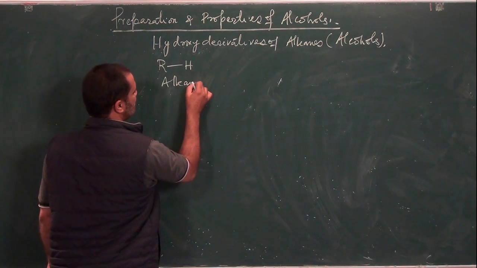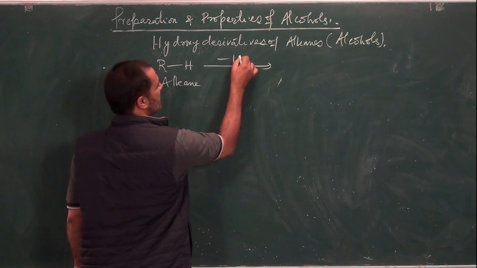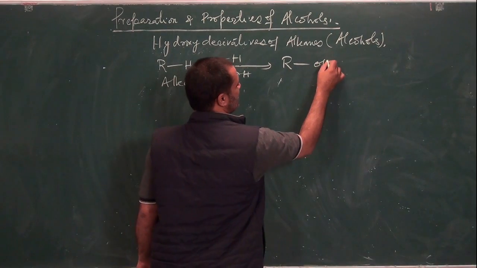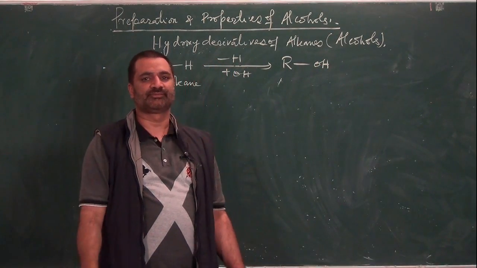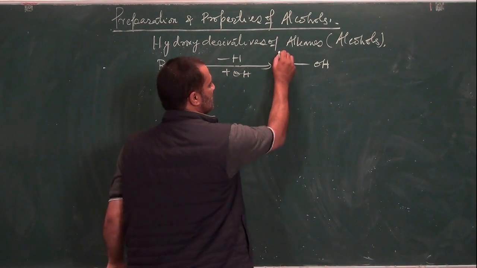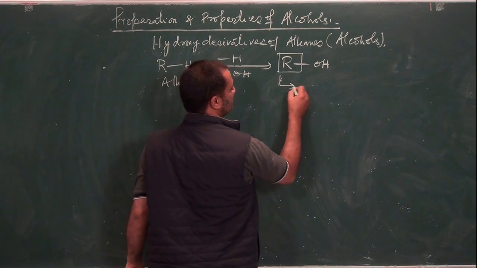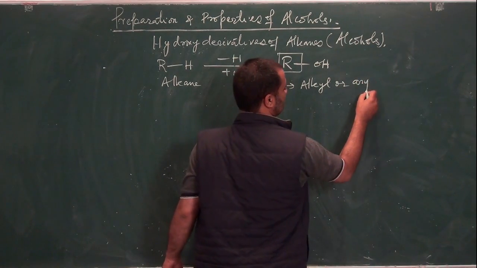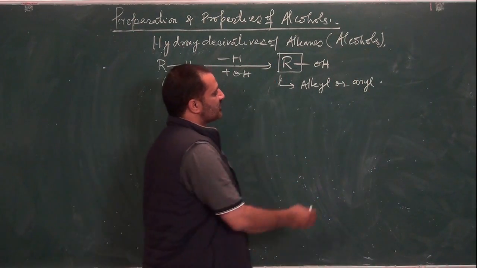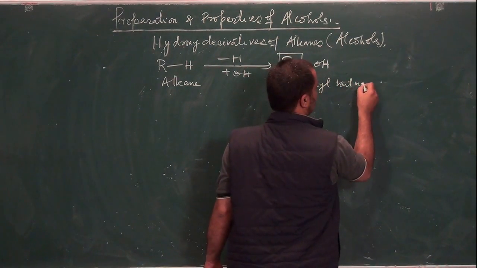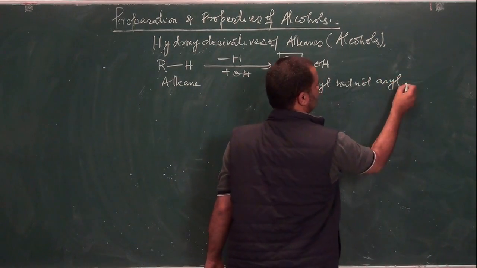It is alkane minus hydrogen plus OH. It results in the formation of ROH. So ROH is the general formula for the alcohol. This R can be alkyl or aryl. Sorry, this can be alkyl but not aryl.